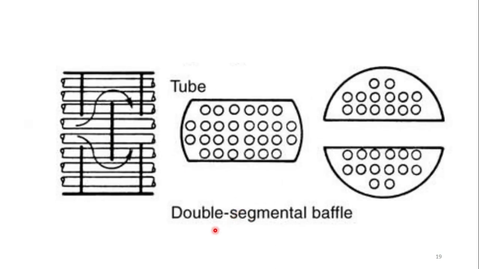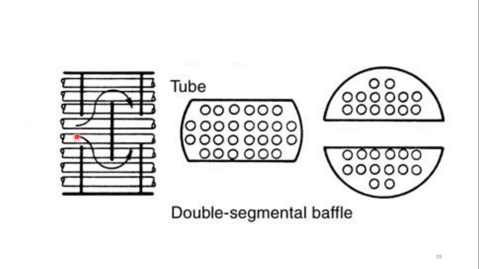So this is another classification, the double segmental baffle, right? As you can see, this is the flow configuration: this is the first segment of the baffle, and this is the second segment of the baffle. One is arranged and attached to the shell side, and one is placed at the center.